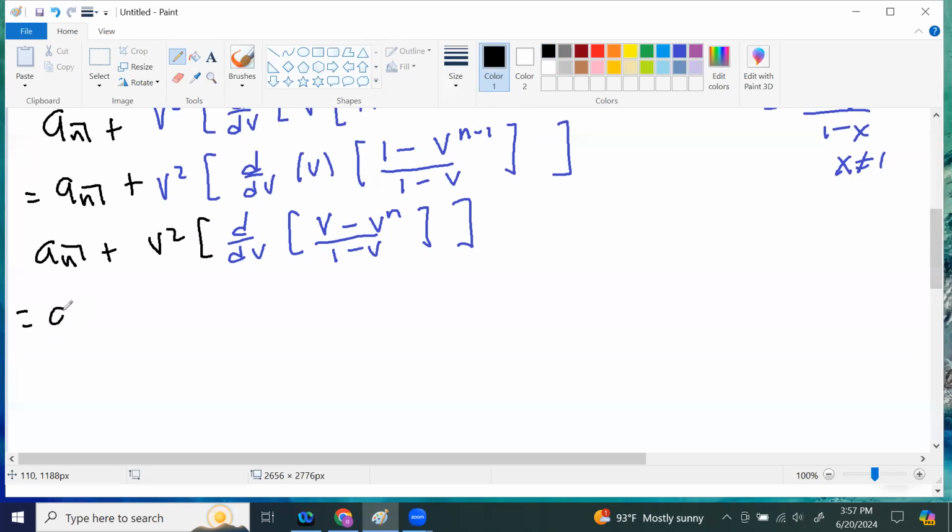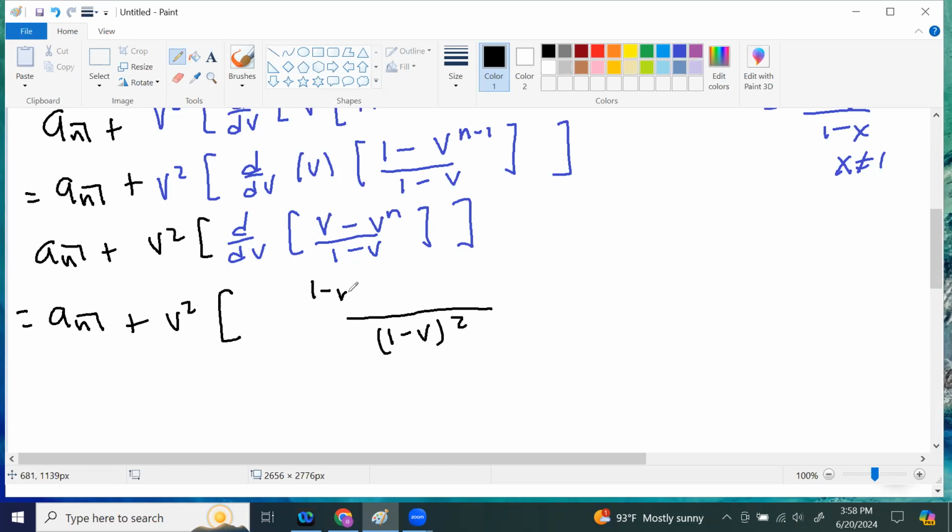So this is a to n plus v squared. Now let's differentiate this. And if you remember the quotient rule, the denominator gets squared. Then you take the derivative at the top.